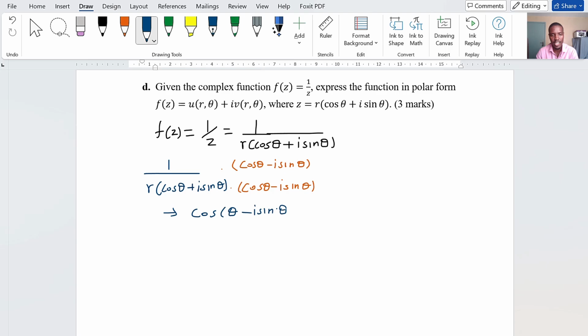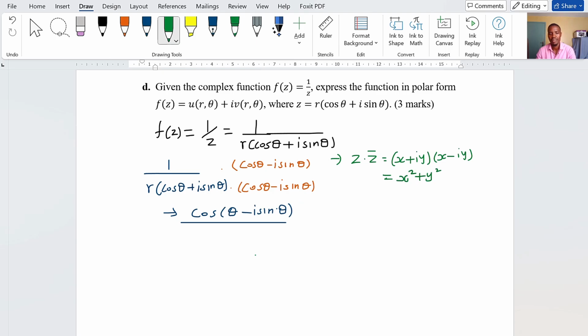minus i sine theta, close the bracket, all divided by, you remember when we are getting a complex conjugate, I will write that for you just to remember, that z times its conjugate is the same as x plus iy times its conjugate, which is x minus iy. The result is always x squared plus y squared. It becomes a real number.